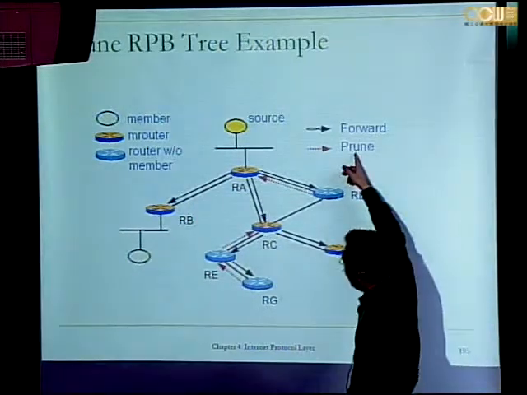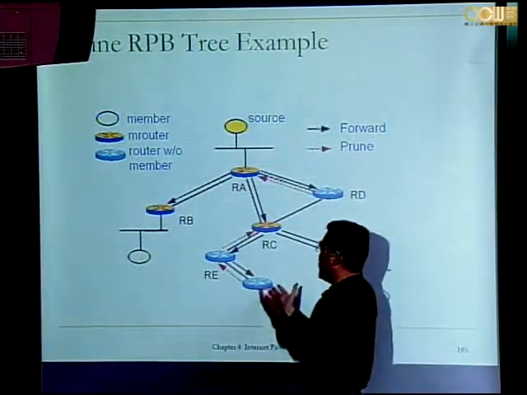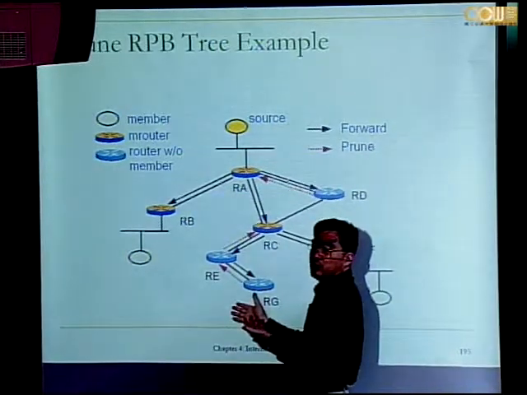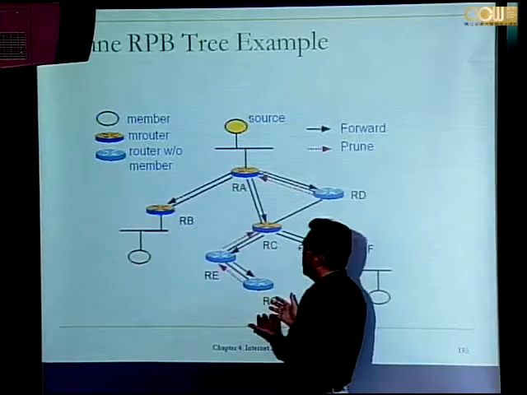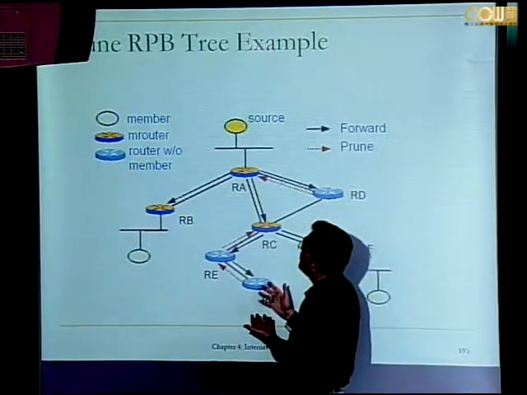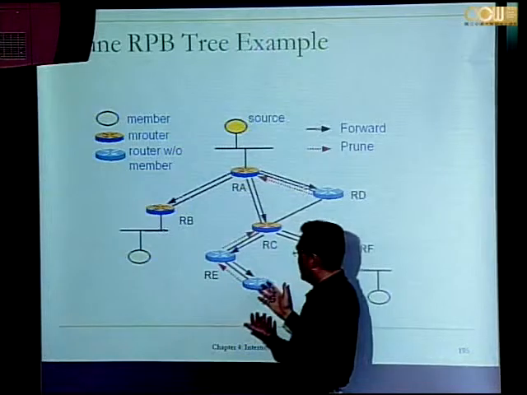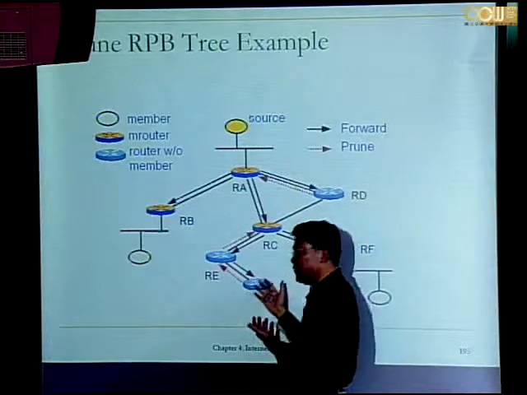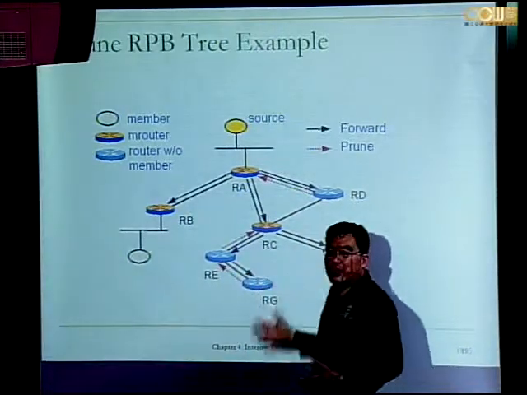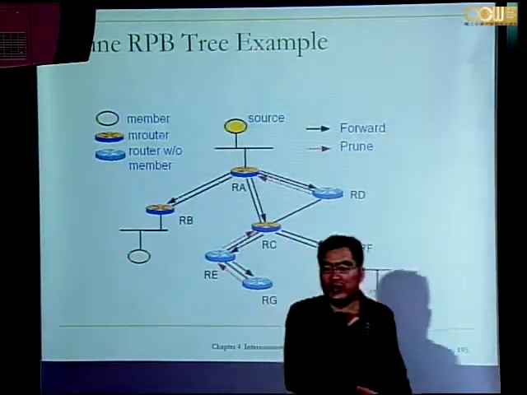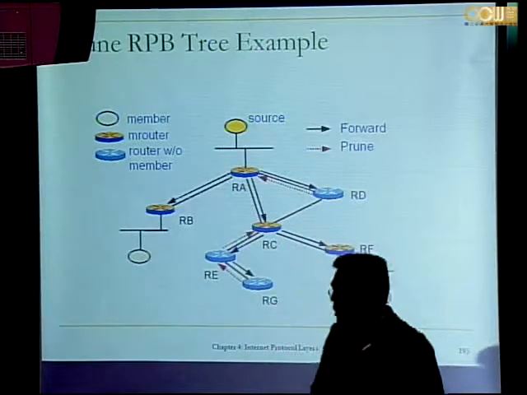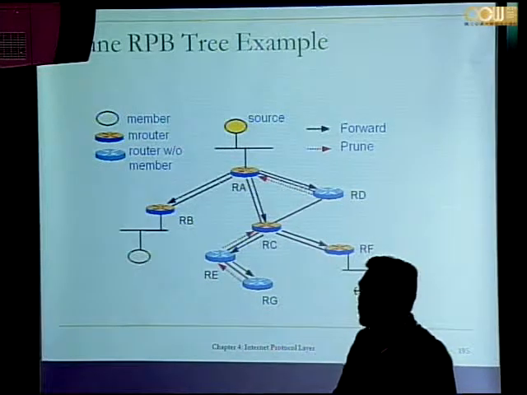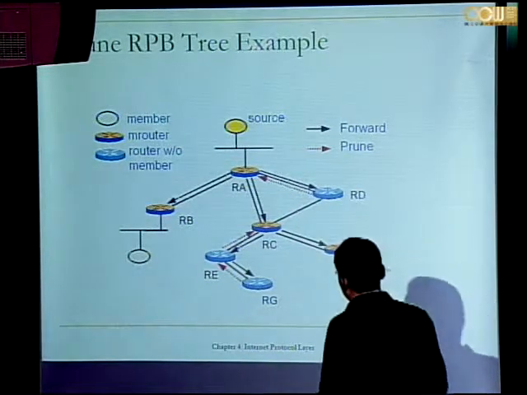You would send the prune message. If this is the edge router connecting to a subnet, but this subnet has no members belonging to this particular class D address, and I know that, and I have received this packet, I check my membership list and find out there are no members belonging to this class D address.